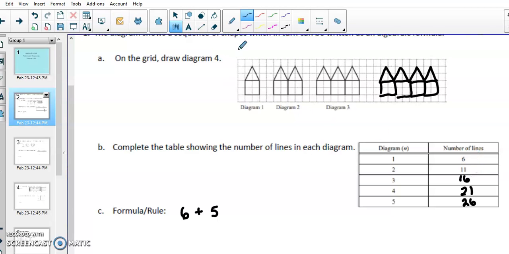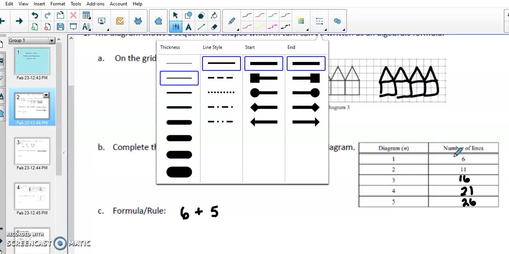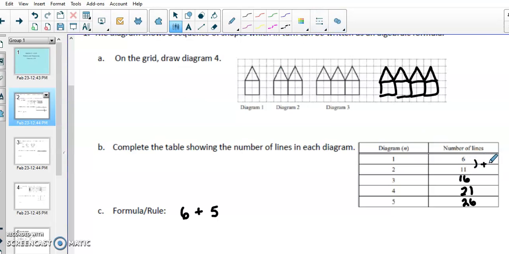Here, let me write that down. I added 1 5, I added 2 5s, I add 3 5s, I add 4 5s. The number of 5s I add is 1 less than this number. It's whatever term you are on minus 1.